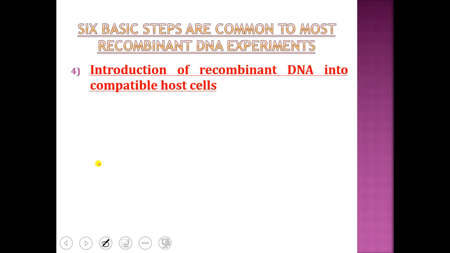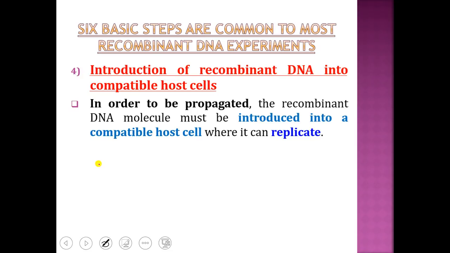Now the next step: we have this recombinant DNA, a vector with our target gene. We have to introduce it into a compatible host cell so we can multiply the copies of that recombinant DNA. In order to be propagated, this recombinant DNA molecule must be introduced into a compatible host cell where it can replicate.